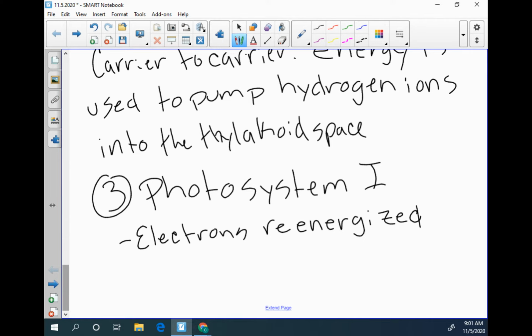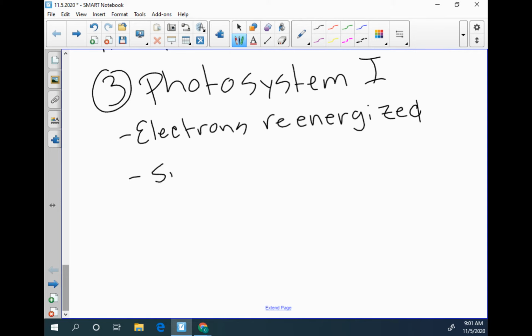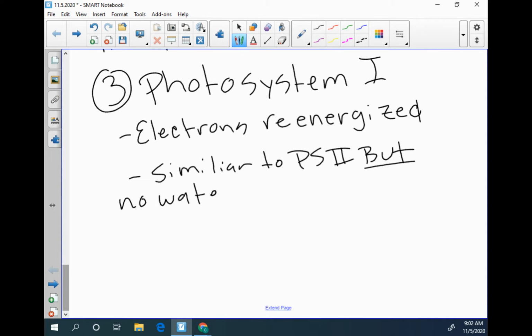It is similar to photosystem 2, but it does not split water. Because in photosystem 2, we've got water coming into it and hydrogen ions and oxygen coming out of it.